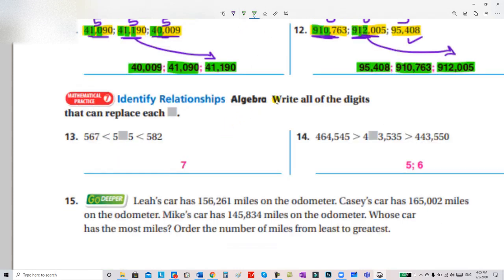The next exercise, how can we write all digits that can replace this blank? So we want to get the number between these two numbers and write it in the blank. So first of all, let's compare. With the left digit, we have here 5, 5, 5.